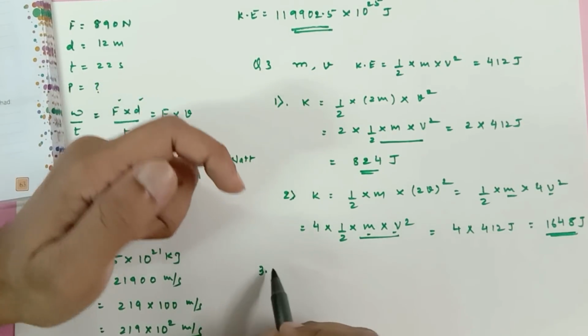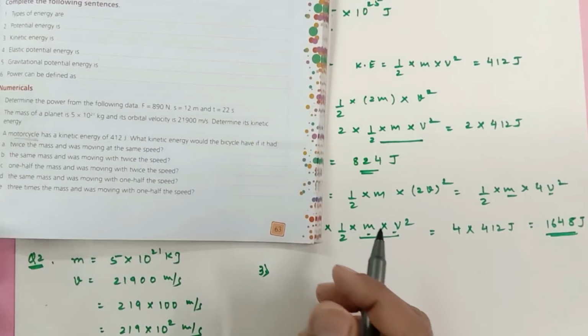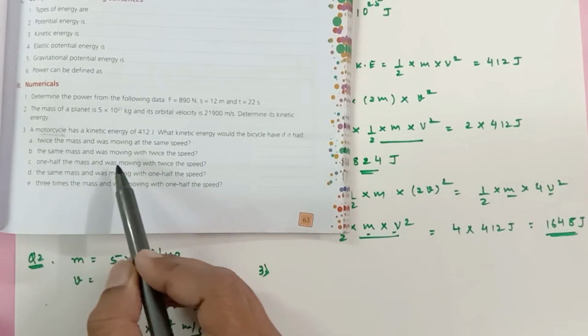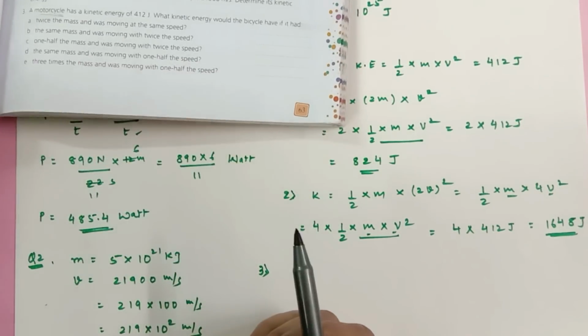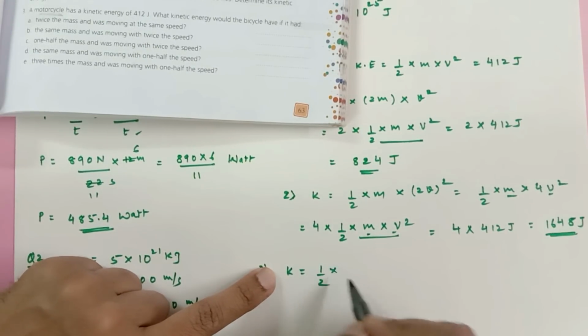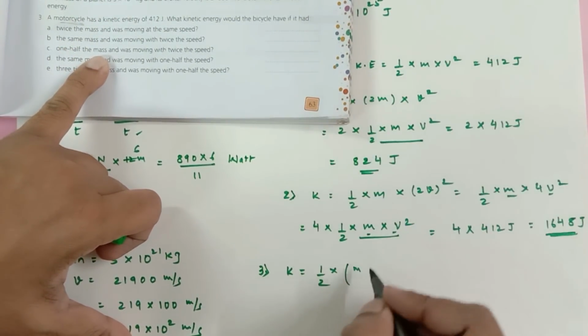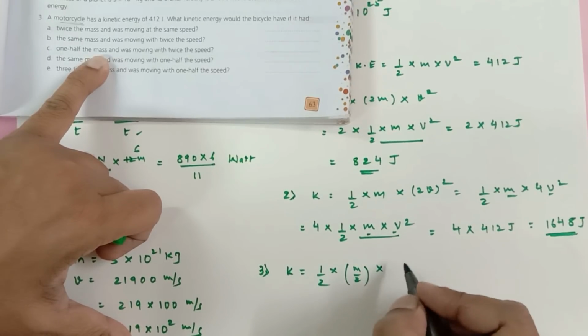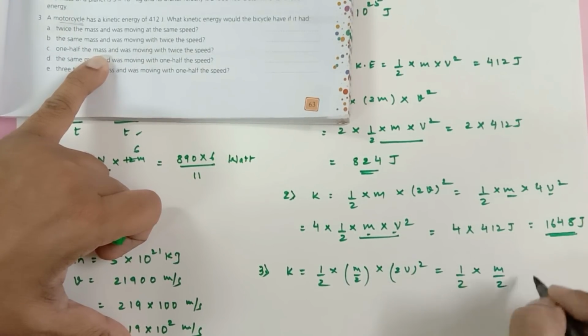Now in the third case, they are telling us that the mass becomes half and the speed becomes double. So kinetic energy K is equal to new kinetic energy, that is half, and the mass becomes m by 2, and the speed becomes double, so 2v the whole square. So it is half into m by 2 into 4v square.